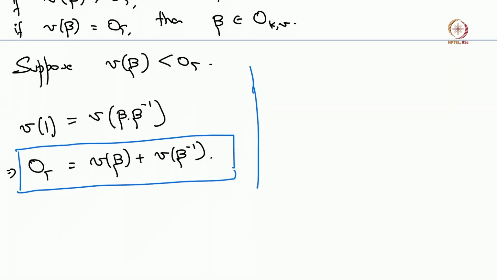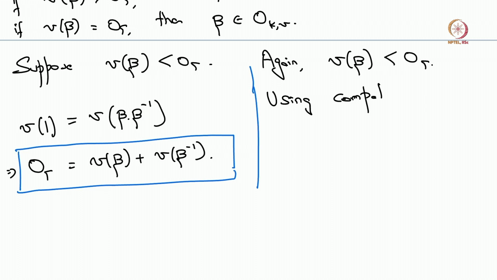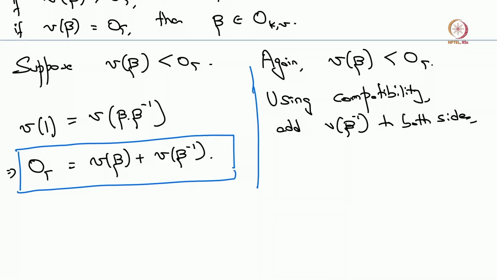Now again, working with the assumption that the valuation of beta is strictly less than the identity element of gamma, and now if you use compatibility, and we add the valuation of beta inverse to both sides, what do we get? We get the valuation of beta plus the valuation of beta inverse is strictly less than the valuation of beta inverse.